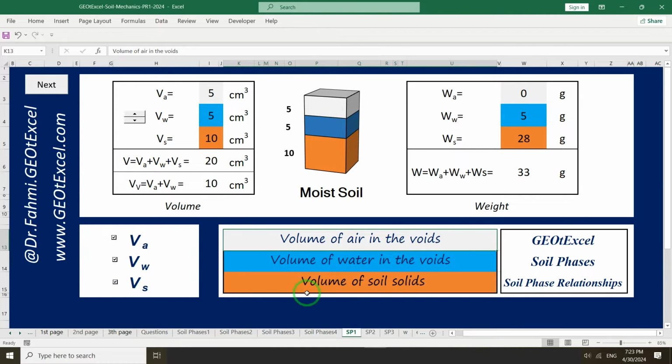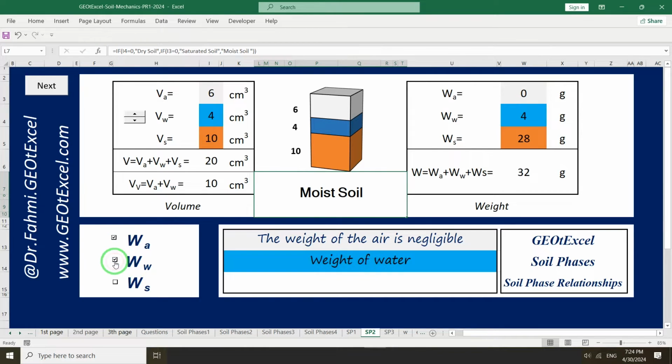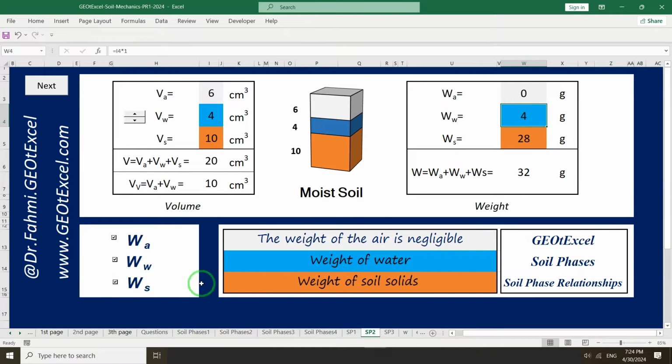VS, volume of soil solids. WA, the weight of the air, is negligible. WW, weight of water. WS, weight of soil solids.